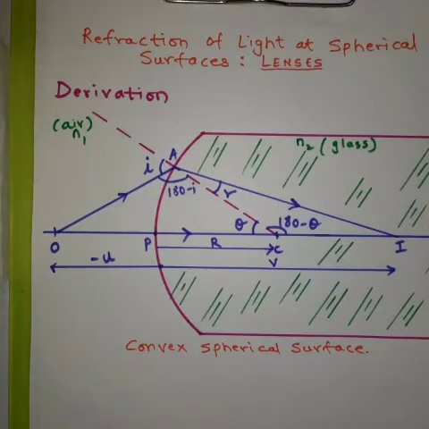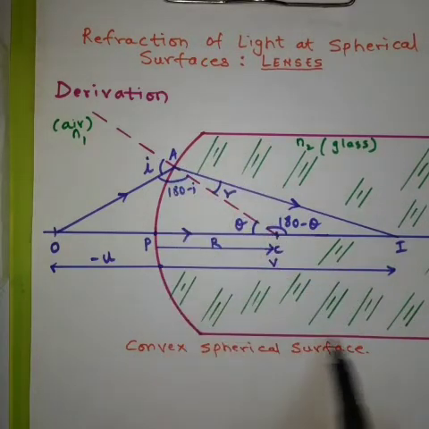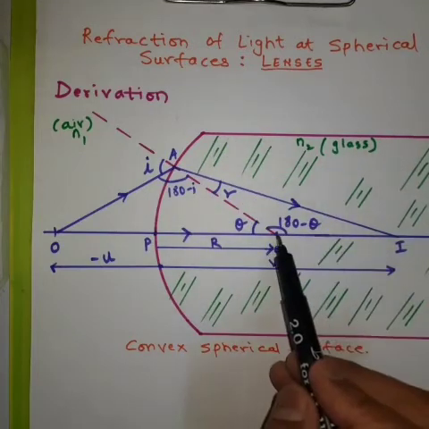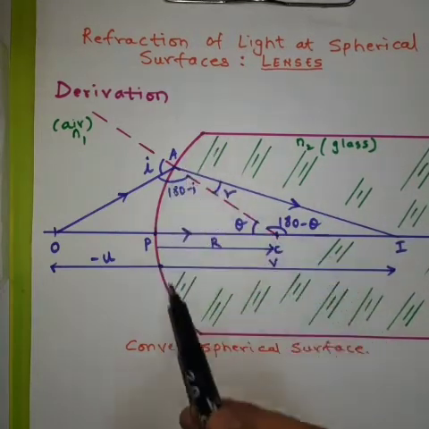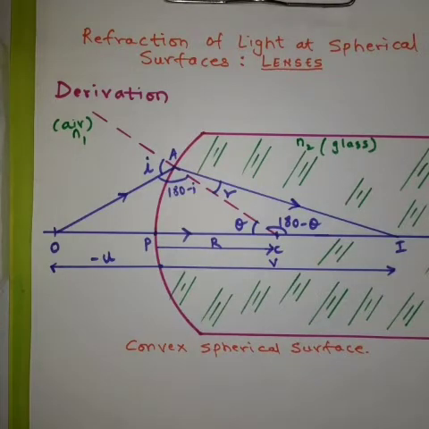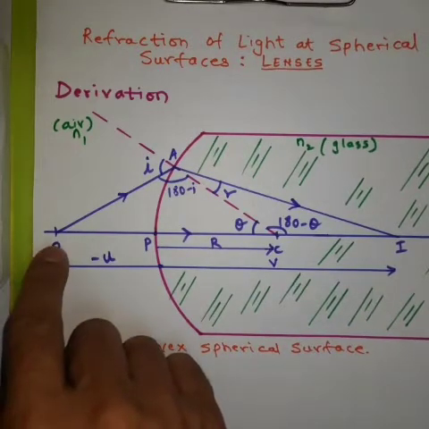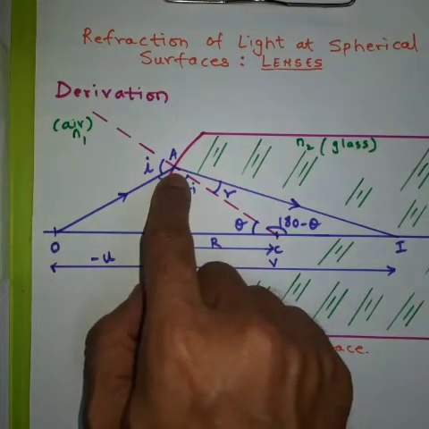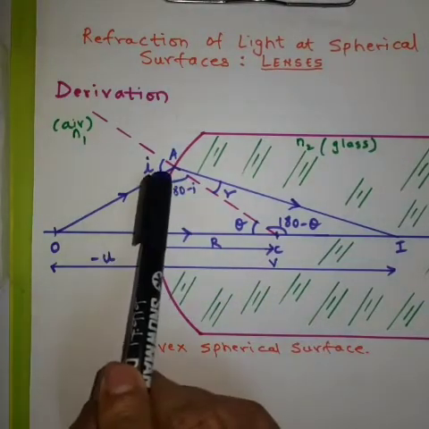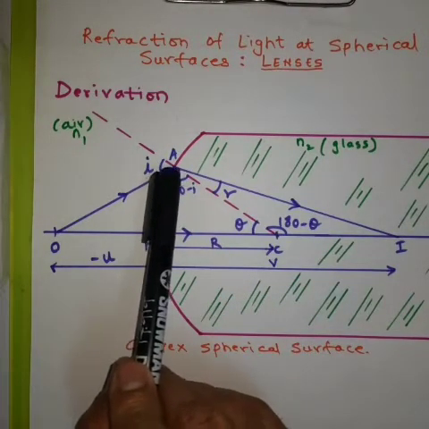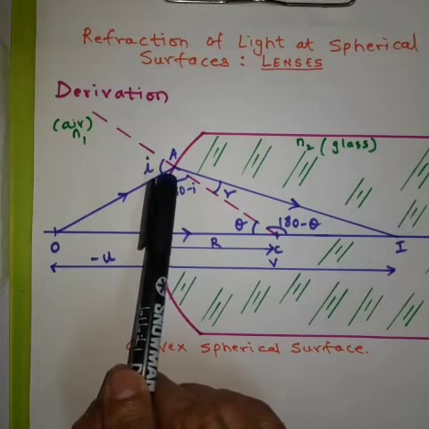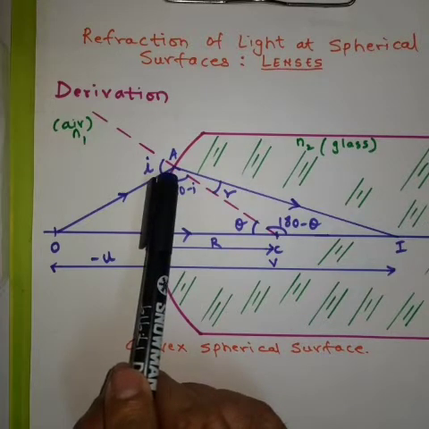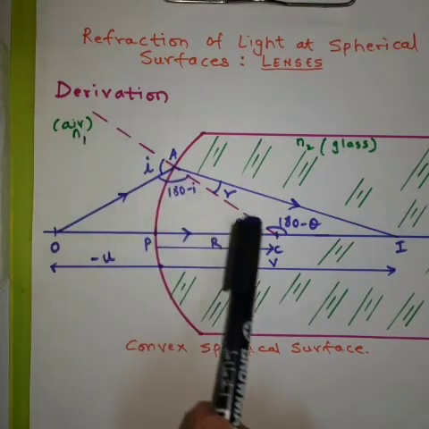I will first take my convex spherical surface using this as the center and draw this curve first. After that, I have an object here. From the object, a ray, let's say, is incident at one point on the surface. At this point the refraction will take place. To draw the refracted ray, we need a normal, so we'll draw the normal.